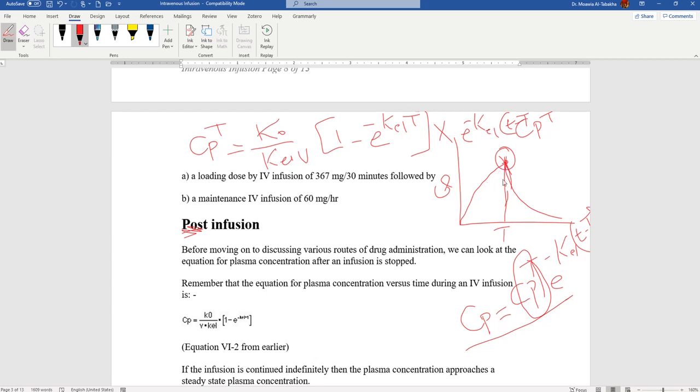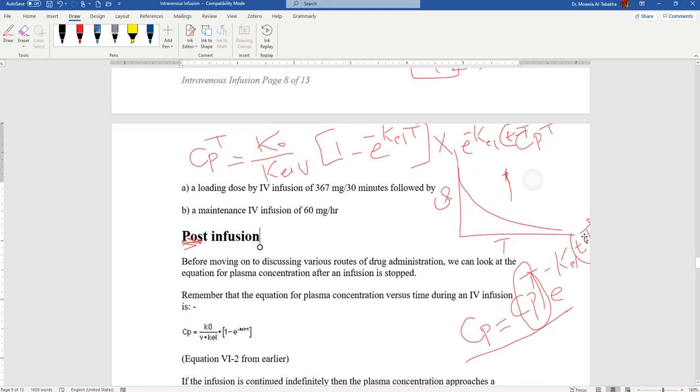Now, imagine this. I will remove this. Okay, imagine this. I bring it here. What happens here? We have a mono exponential that you remember, CP0.